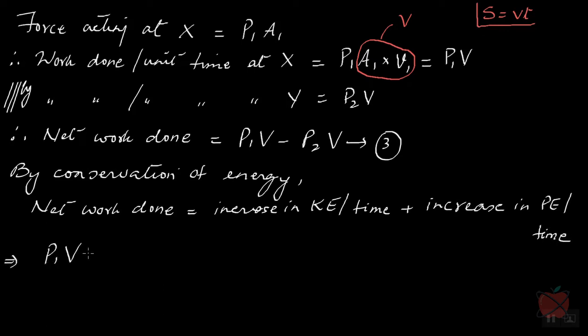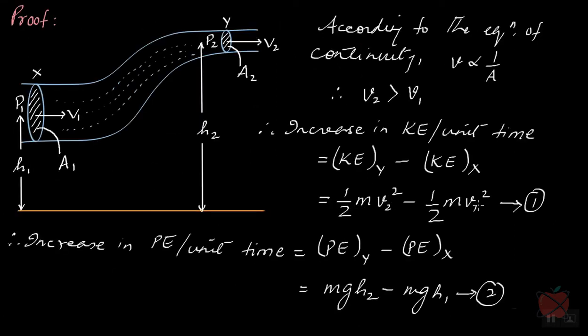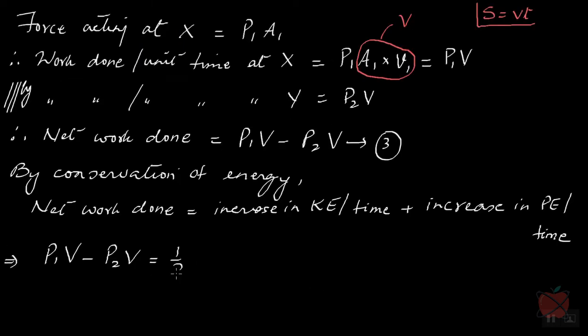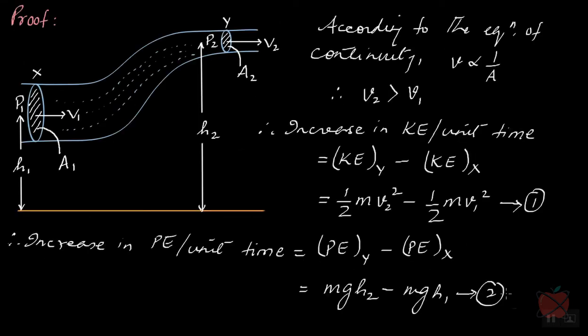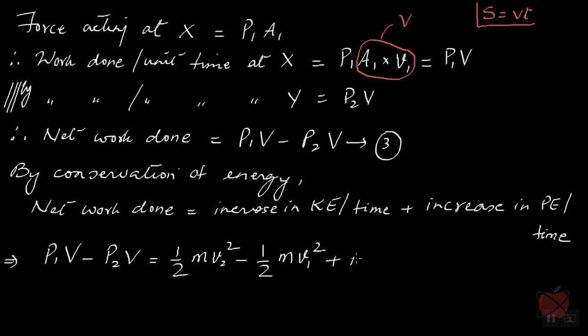So you have P1V minus P2V is equal to what was the previous expression? This one, half m v2 square minus half m v1 square plus increase in potential energy, which is mgh2 minus mgh1.